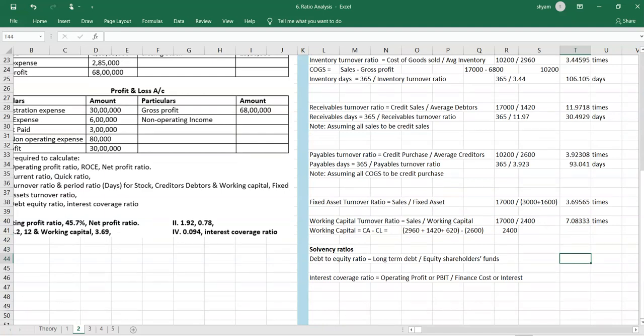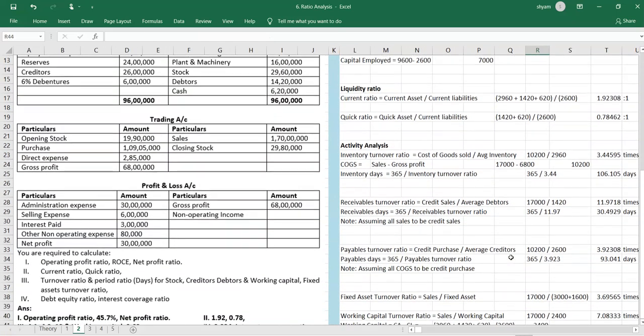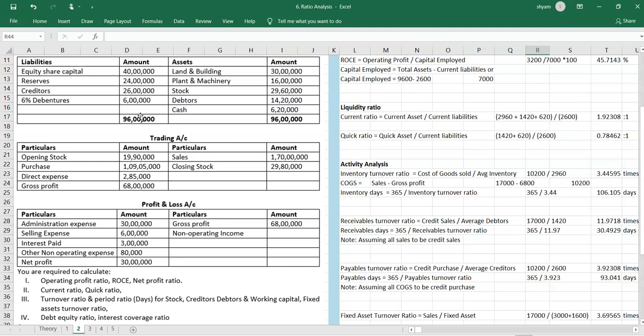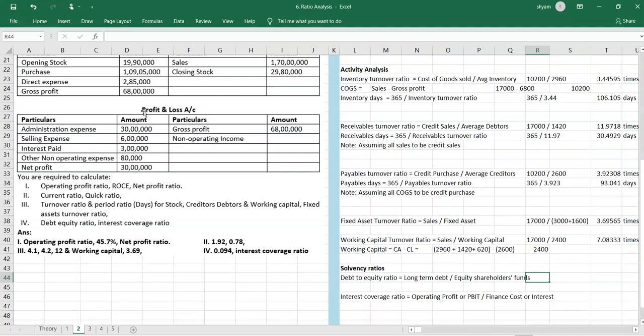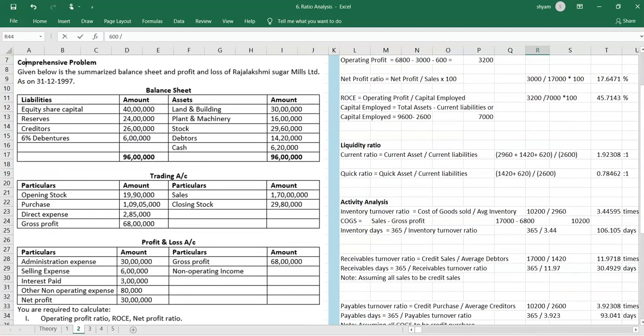So we'll go to the debt equity ratio. So in debt equity ratio, we have long-term debt divided by equity shareholders' funds. So long-term debt, we have to find it out. So long-term debt is this, okay, debentures divided by equity shareholders' funds are this amount.